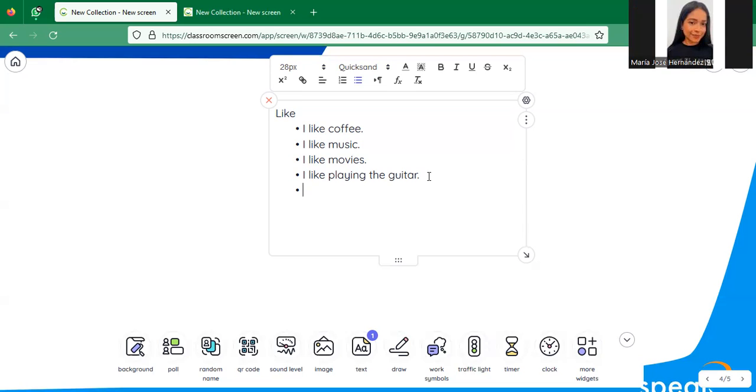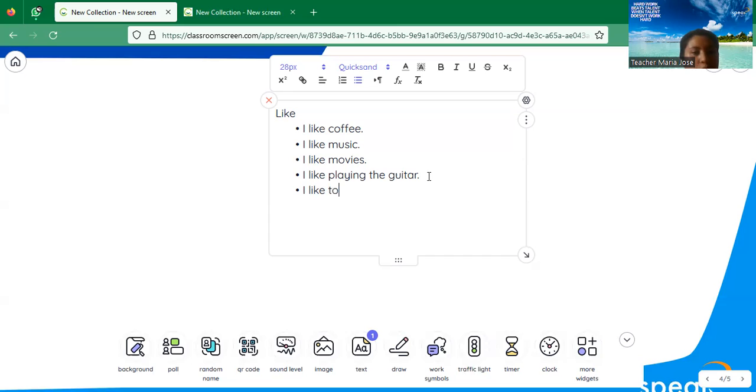I like to eat or eating. I like pupusas. Pupusas. Yes. Oh, sorry, I didn't listen. Okay, pupusas. Very nice.